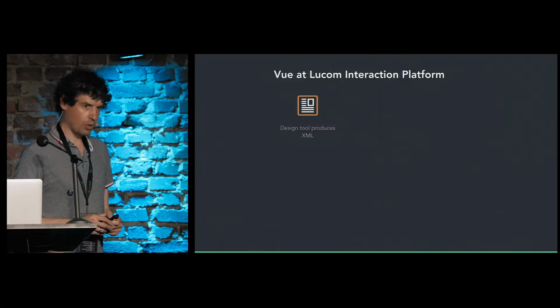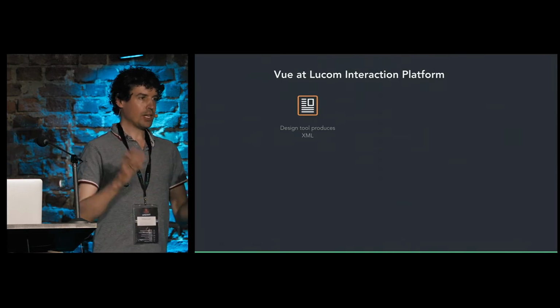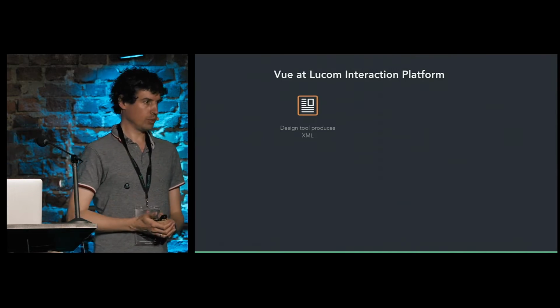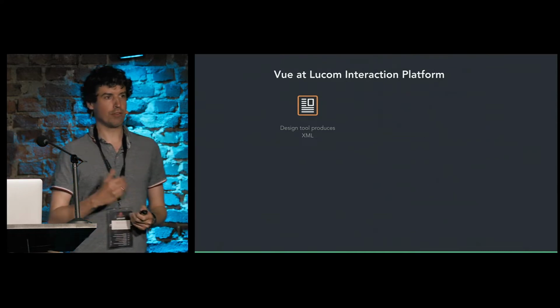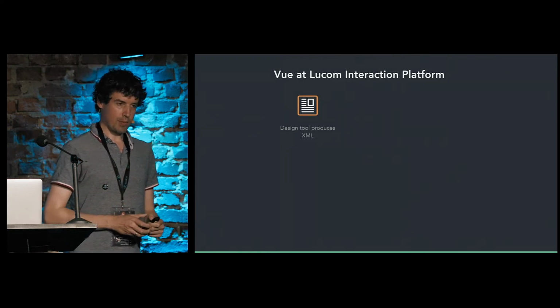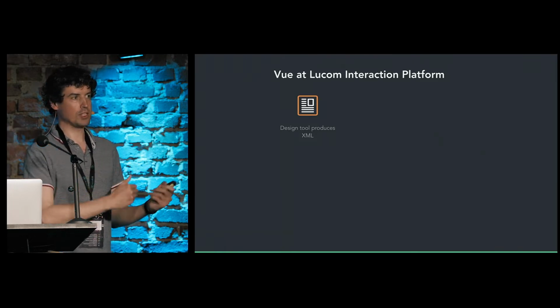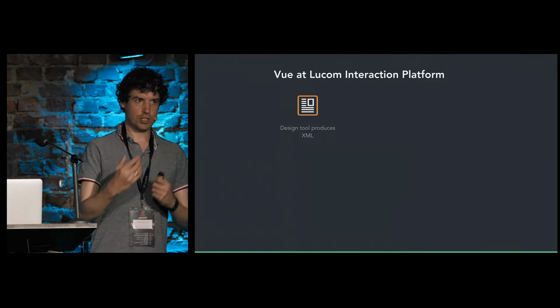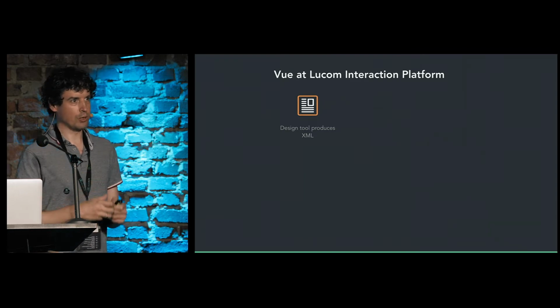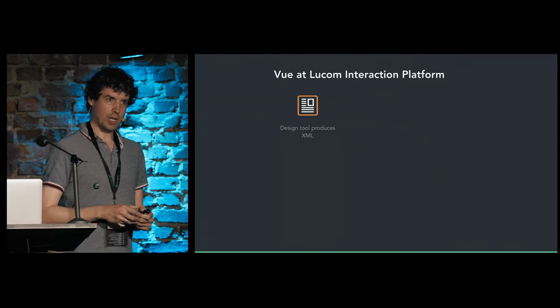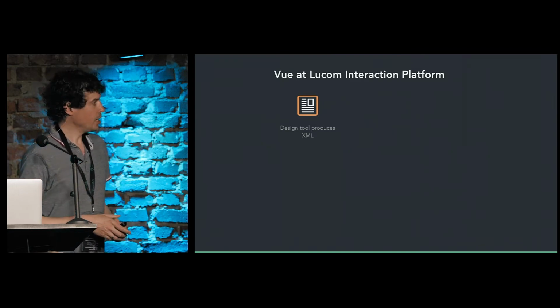More interesting is how do we use Vue there. So we have a design tool where you can drag and drop all the UI controls you want, arrange them and configure them with the dynamic features you would like to use. So for example, which validations, you bind them to data sources, attach functions to it, which use a server-side JavaScript API, and when is a control available, editable, by whom, workflows and things like that.